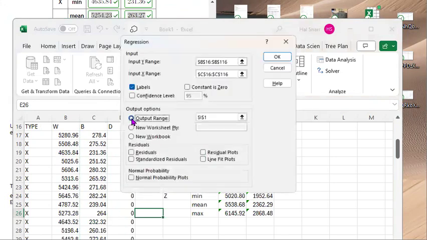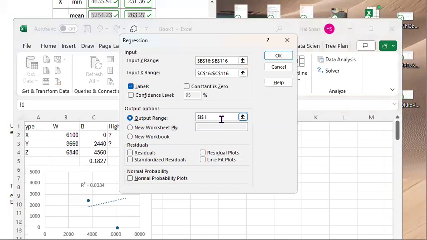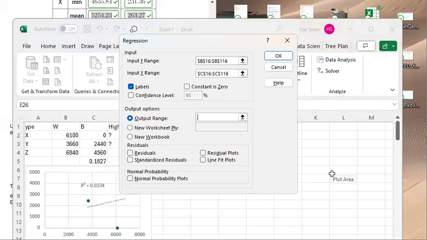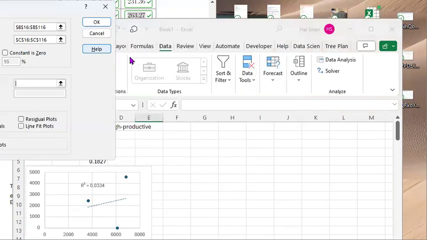I'm going to check on output range. And I'm going to put my output over here. I'm going to put my output in, let's see, I don't want to delete this.